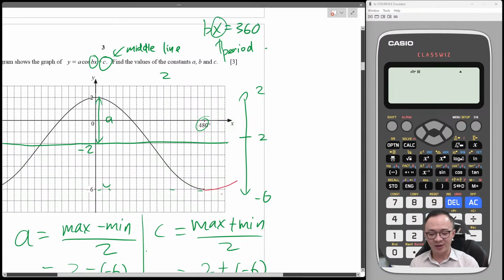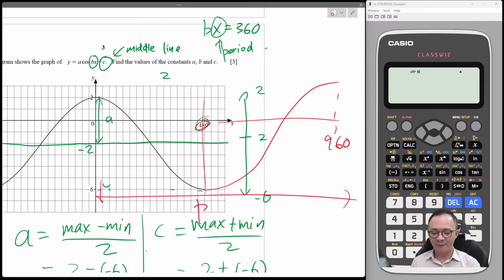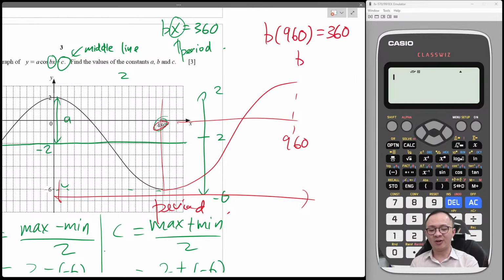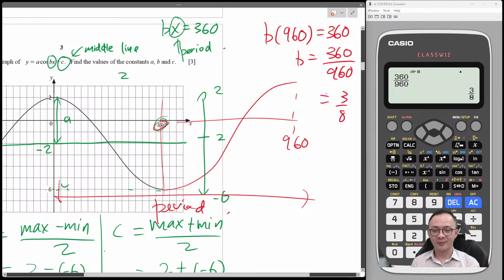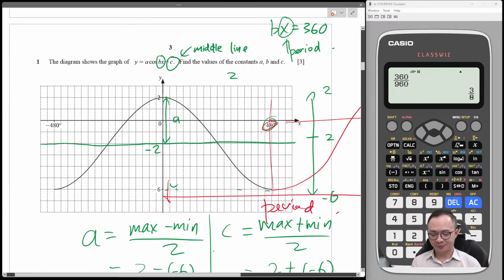If I want to sketch the whole cycle, I will imagine double the 480, maybe 960. This is called my period. Period will be the x value, then I insert it: B times 960 equals 360. Then B is 360 divided by 960. That's all, 360 over 960. So it's 3/8. Not that bad if you understand what is going on here.